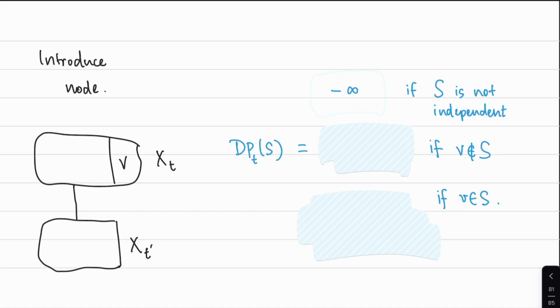Now, there are two natural cases that come up when we are looking at a subset of Xt that we may want to distinguish between. The first case is when you have a subset which does not involve the vertex v at all. And on the other hand, you might have a subset which does contain the vertex v.